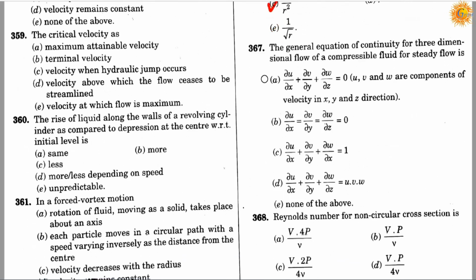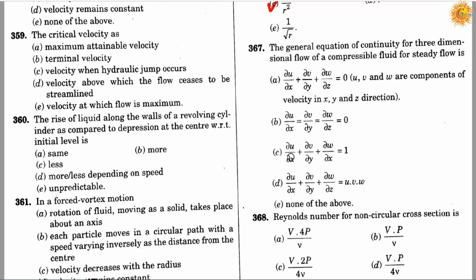Question number 367. The general equation of continuity for three-dimensional flow of a compressible fluid for steady flow is: option A, del u upon del x plus del v upon del y plus del w upon del z is equal to 0, where u, v and w are the components of velocity in x, y and z direction. Option B, del u upon del x is equal to del v upon del y is equal to del w upon del z equal to 0.